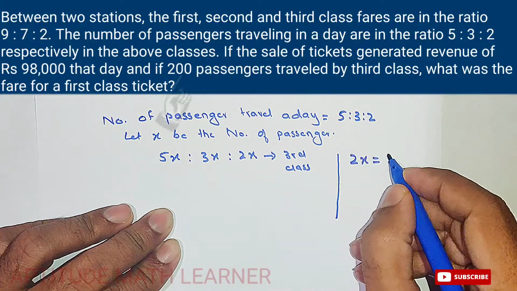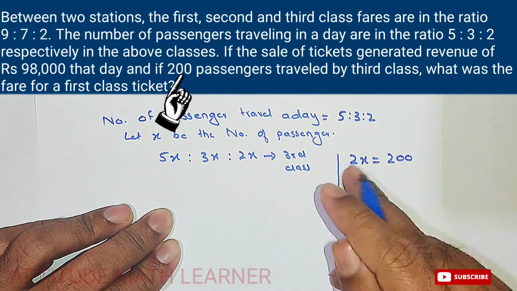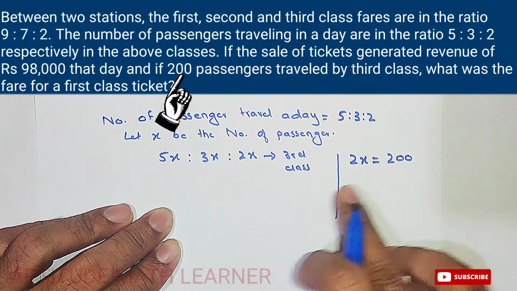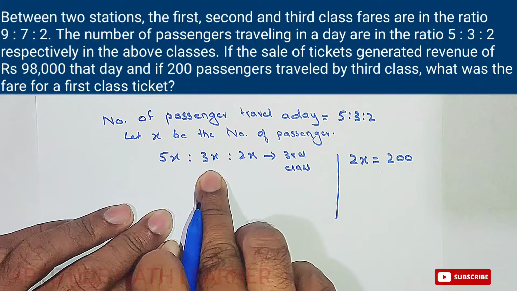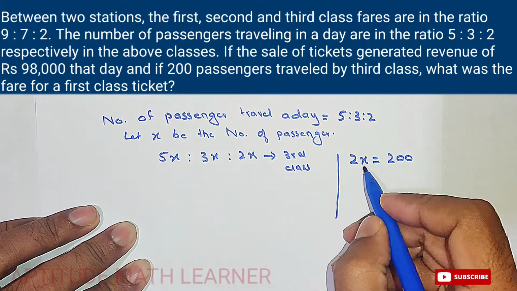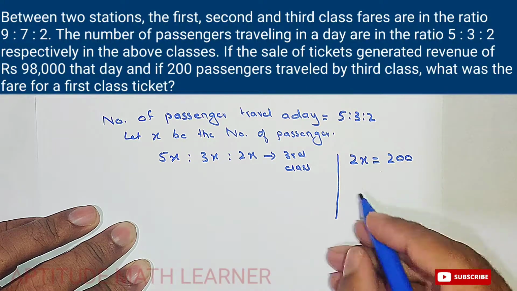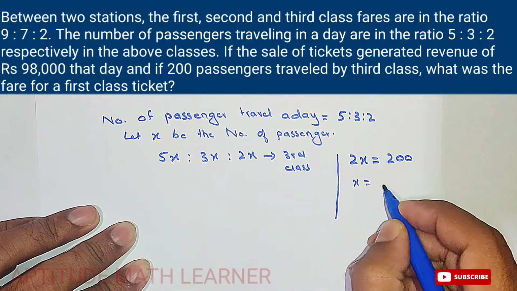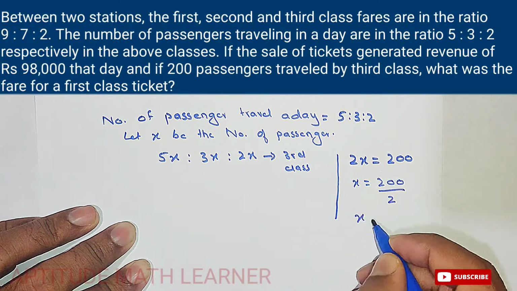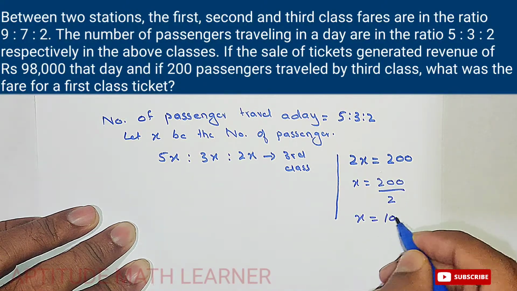That is 200. So 2x is equal to 200. To find out the passengers traveling in the first class and second class, we find x. So x is equal to 200 divided by 2, and we get x as 100.